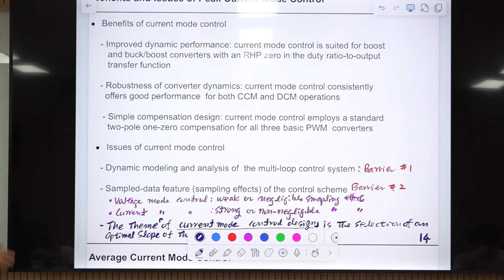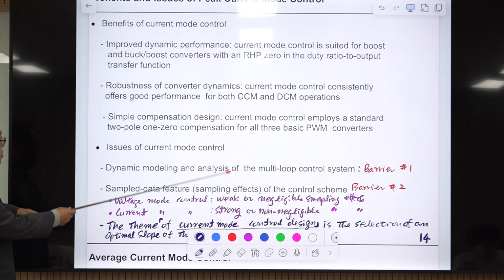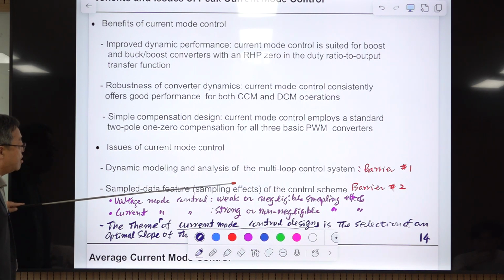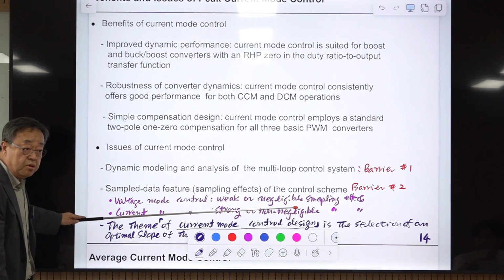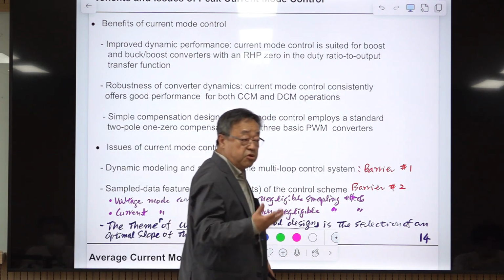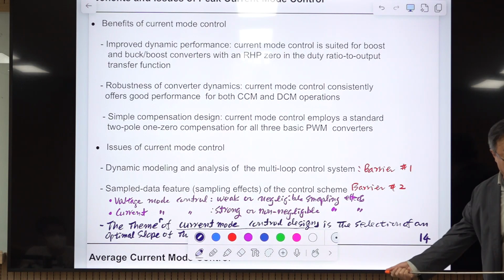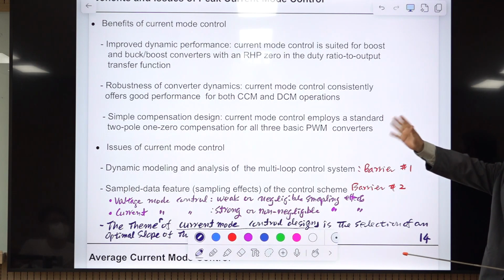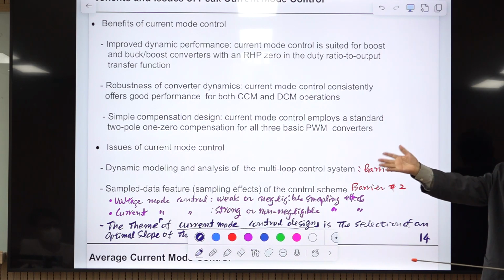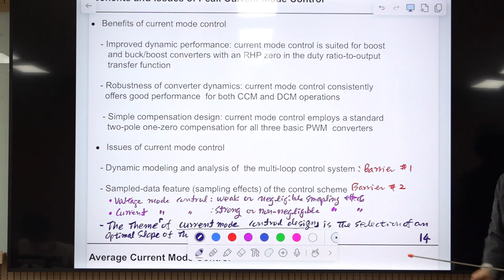I said there is a big difference between voltage mode control and current mode control. There is a sampling effect because the PWM converter is basically a sampled data system, but in voltage mode control, this sampling effect is very weak, practically negligible. The reason is that the signal used in the PWM signal generation of voltage mode control is derived from the output voltage, which is continuous, and it becomes the control voltage V con, which is continuous.